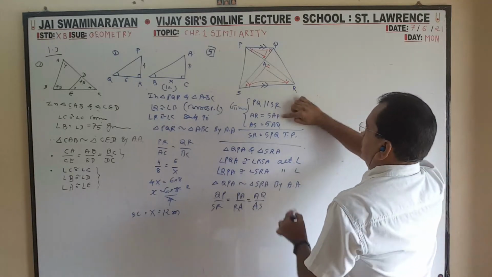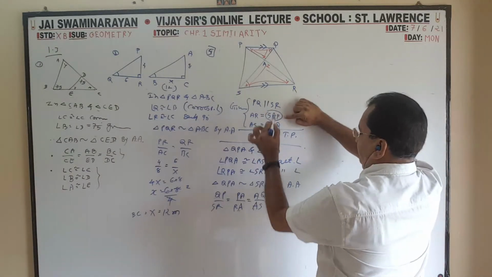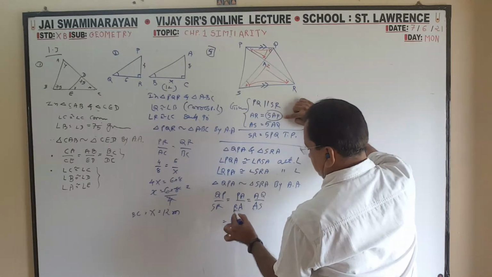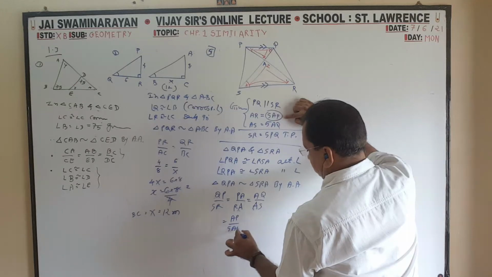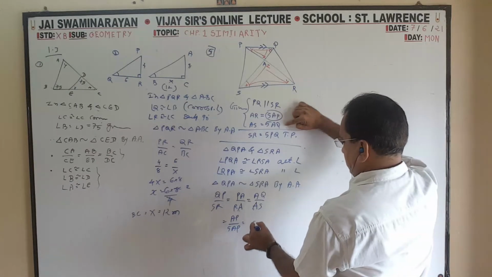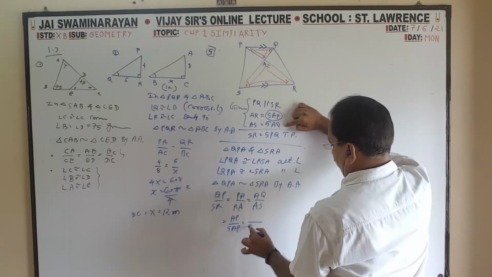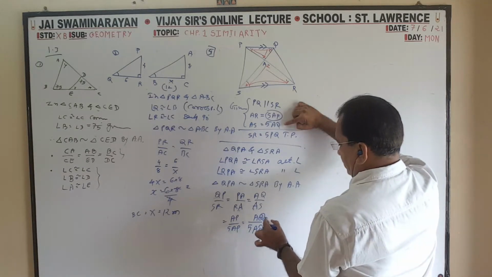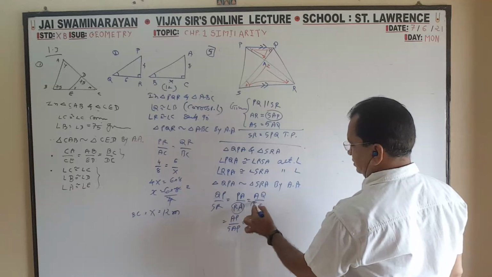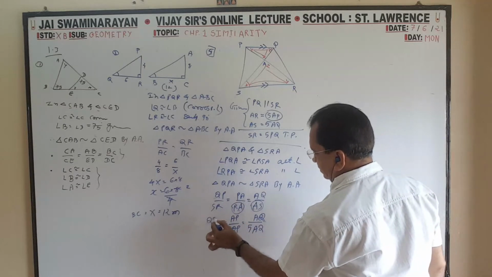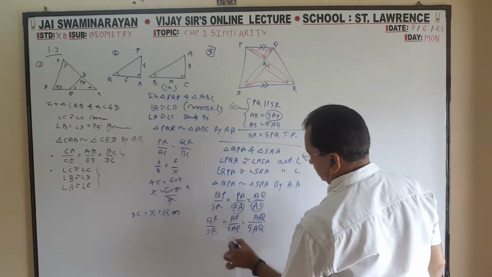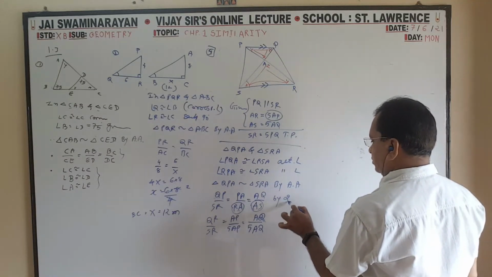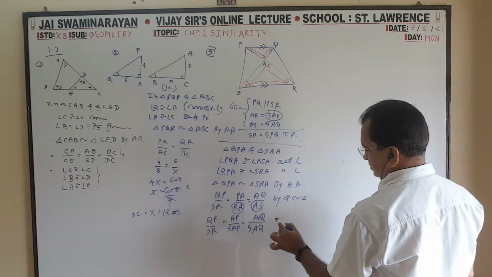AR is equal to 5 AP. This is AP, this is equal to 5 AP. AS is equal to 5 AQ. I have substituted this given in the similar triangles.